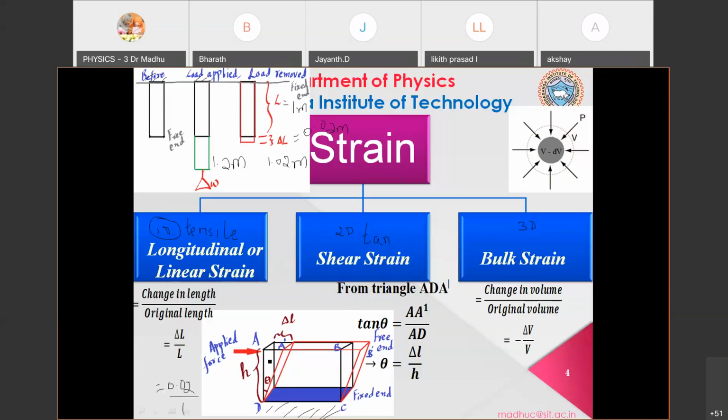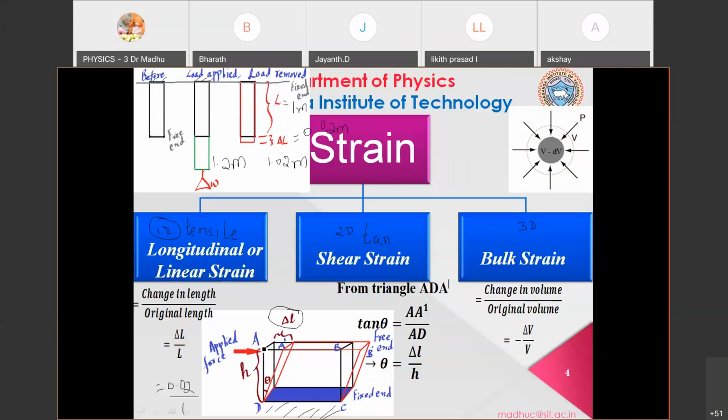If I take A, B, C, D as the points of your cube, then A is going to shift to A dash, B will shift to B dash, but C and D will not move. This is the displacement. Once you remove the force, this A dash may not come exactly back to A, but somewhere in the middle. Let us call this the change in position.